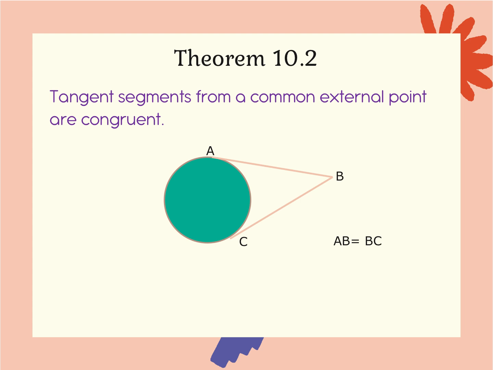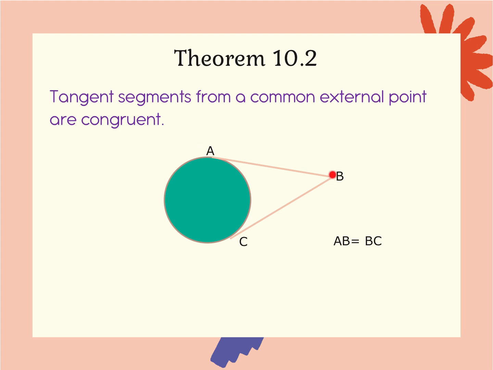All right, looking at this next one, something else you have to know. Tangent segments from a common external point are congruent. Here are my two tangent segments from a common external point.